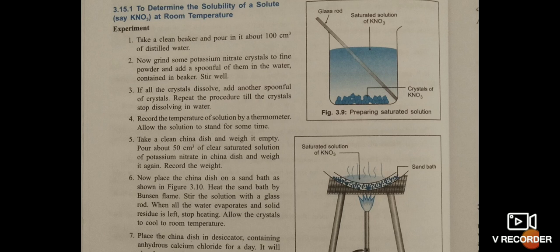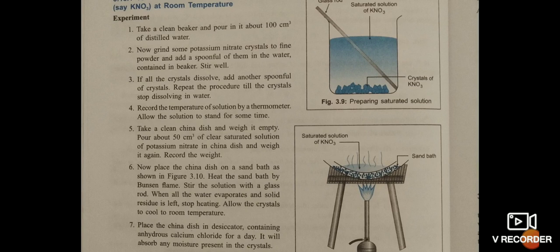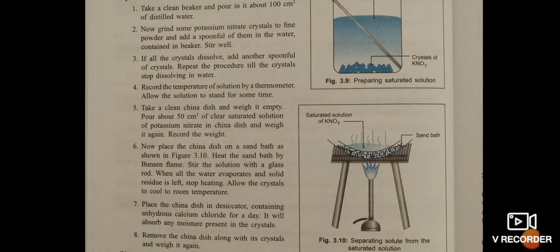That means here we have prepared a saturated solution of potassium nitrate. Why do I say saturated? Because now if you add more potassium nitrate, it will not dissolve in the solution. Record the temperature of the solution with a thermometer and allow the solution to stand for some time.